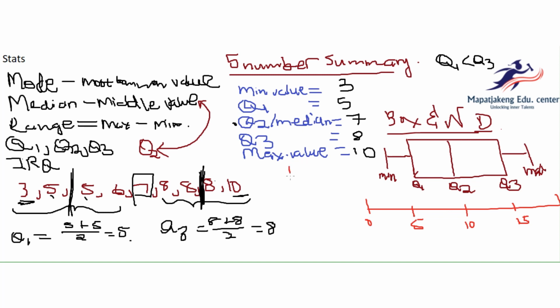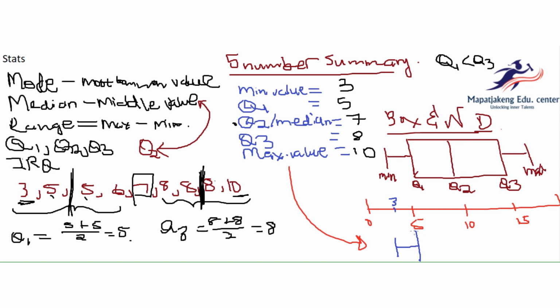So when we draw the box and whisker diagram for this 5 number summary, the first one is 3, it's somewhere here. Then this is the mean, and then we have 5 as our Q1, there it's 5, then we have that line from there to there.